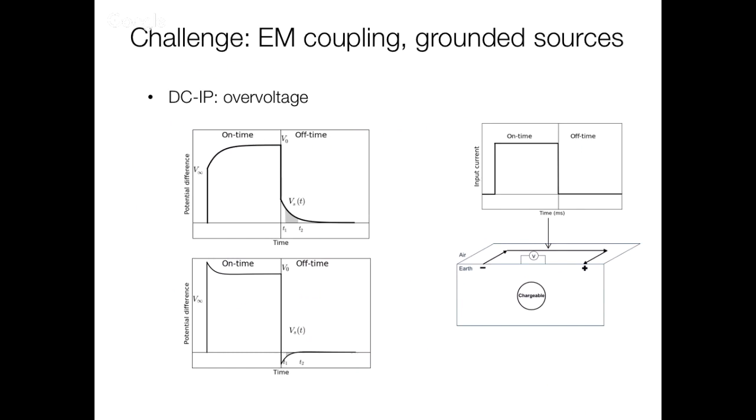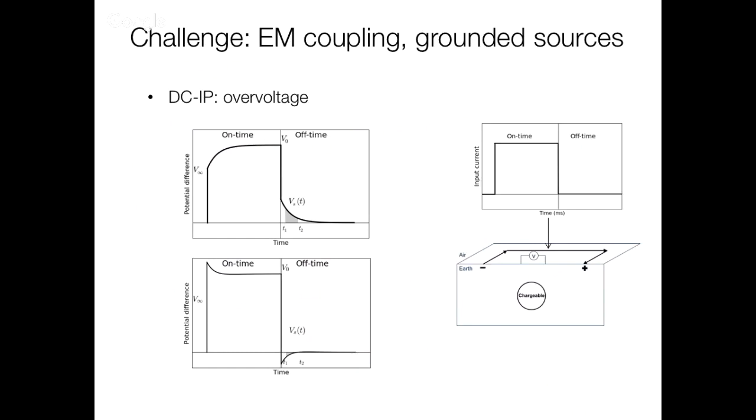What we're interested in now is the fact that we actually have EM effects. If I turn this transmitter off in the DC setting, where we don't have any electromagnetic induction effects, I just get a decay curve like that. That's what we showed all of yesterday.